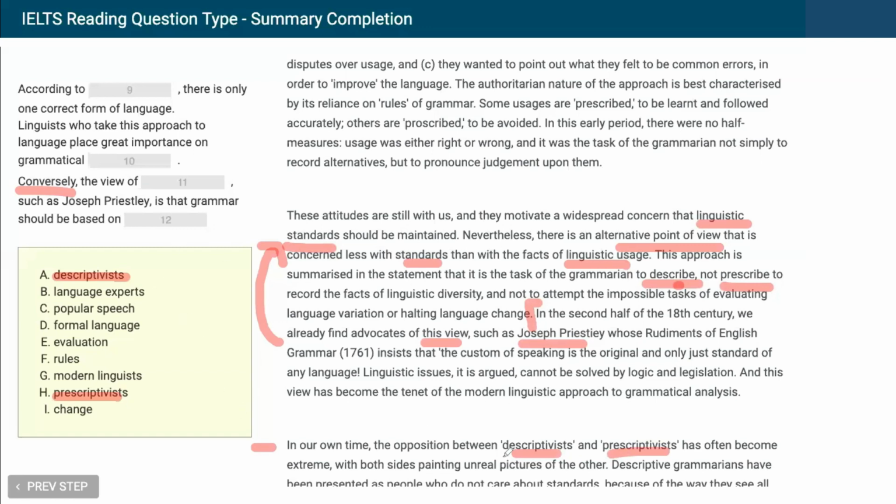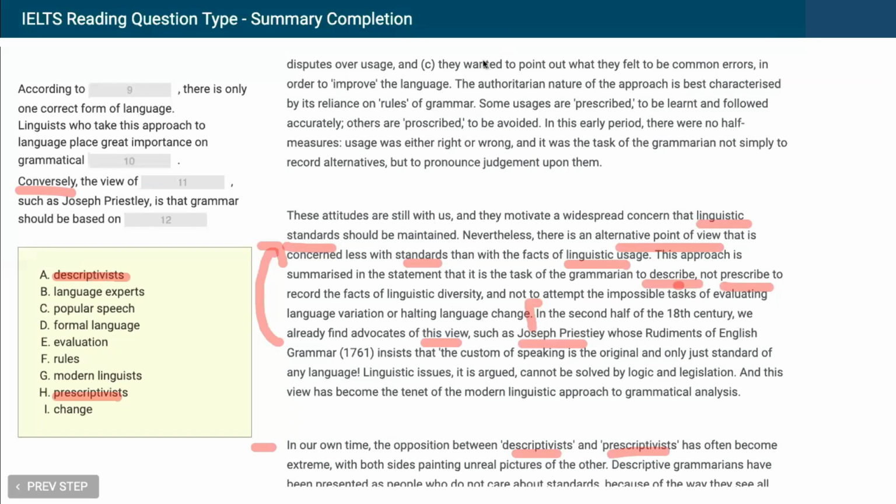So the fact that we see this sentence with these two titles, this sentence with the same root, so describe, prescribe, descriptivist, prescriptivist, and the fact that we see conversely in this sentence makes me extremely confident that 11 is a descriptivist. But you see how it wasn't contained in just one sentence. In order to be 100% confident, we used different bits and pieces from this section.